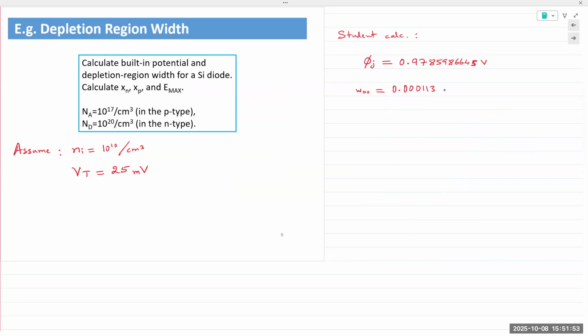WD0, you're saying you're getting 113 microns. All of you are getting this answer? I'll check my calculation to see if there's an error in mine.